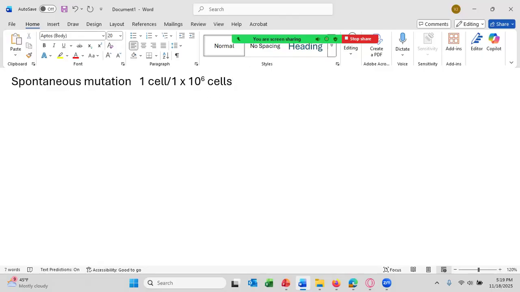And transformation in bacteria happens about one cell in 1 times 10 to the 5th cells, meaning it happens 10 times more frequently.